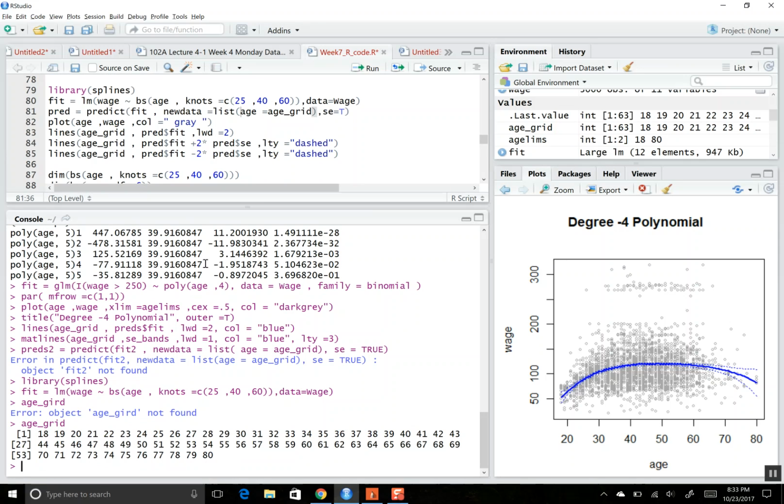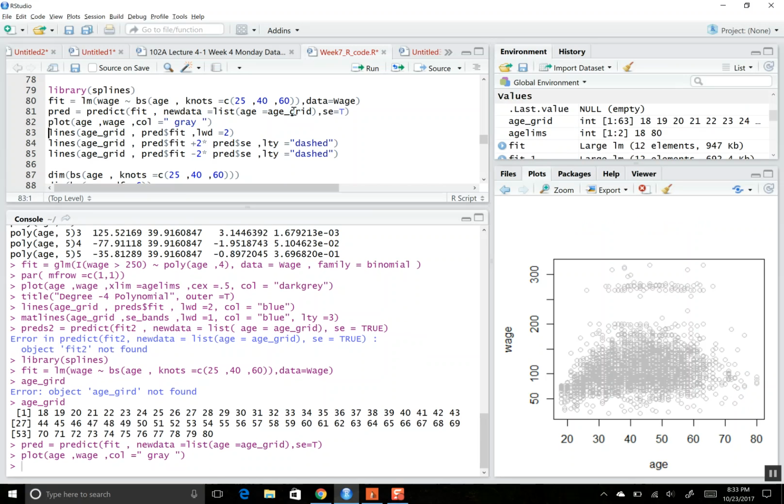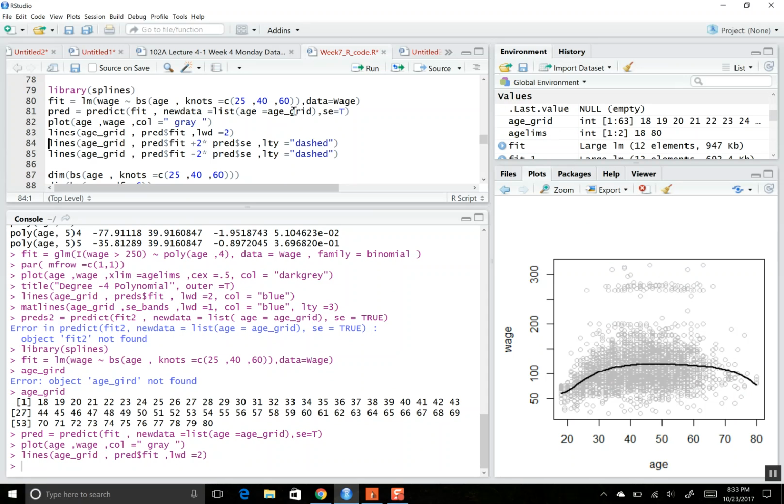So this is just the values 18 to 80 with standard errors. Okay, so here again is our data, and we're going to fit in our prediction here. So this is what it looks like using some basis splines.